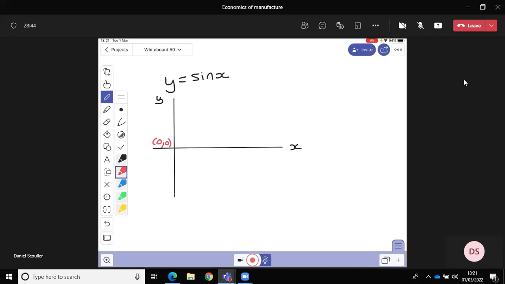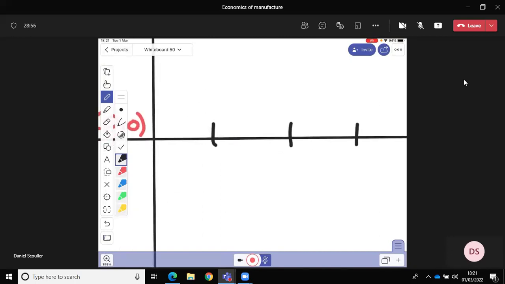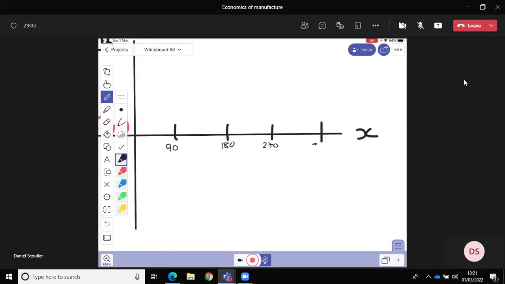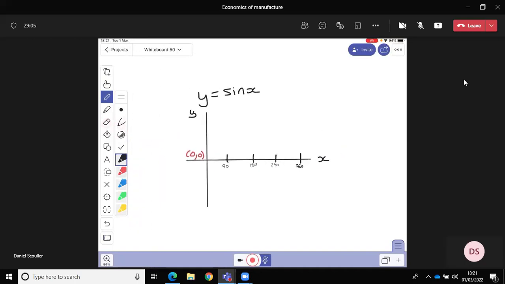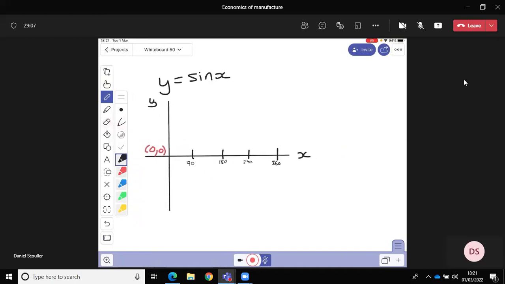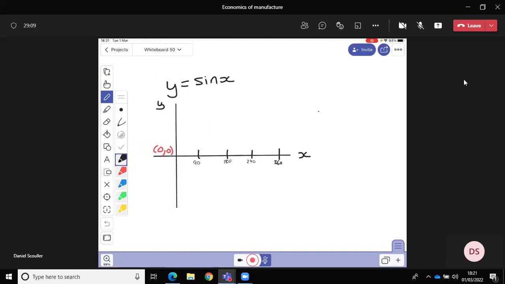Now for the sine curve, that's your start point. Your other key milestones: 360, halfway is 180, and then 90 and 270. If I zoom in a bit, 90, 180, 270, 360, my key milestones for a basic sine x. This is your start point.